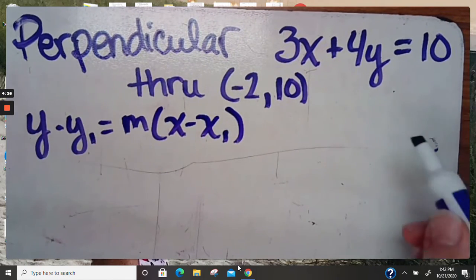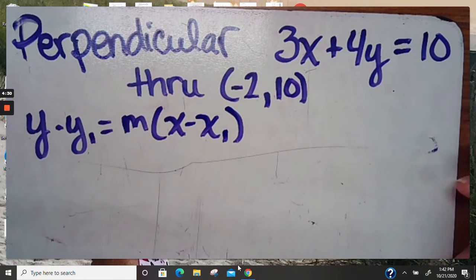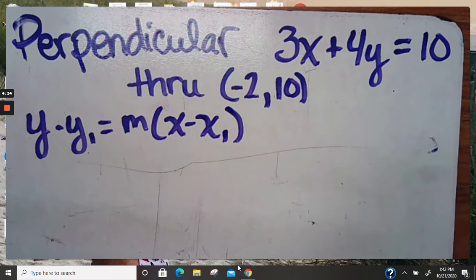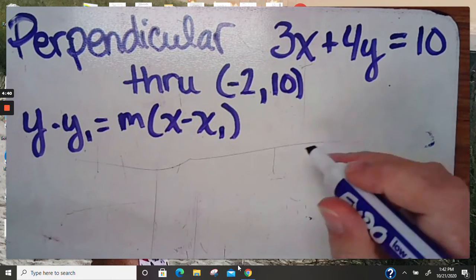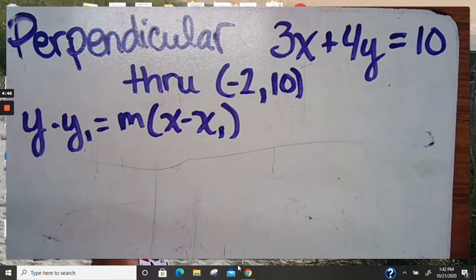And we want to know what the slope's going to be, so we need the slope from this line. Well, we don't have this in y equals mx plus b form, so we can't just look at it and find the slope. We're going to have to put this in y equals mx plus b form.